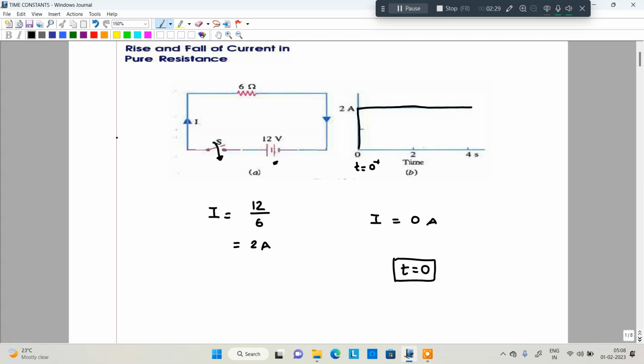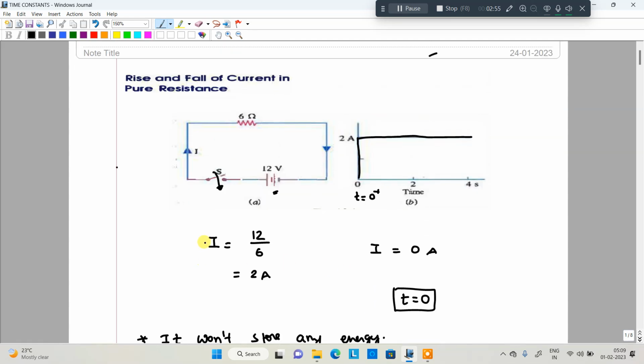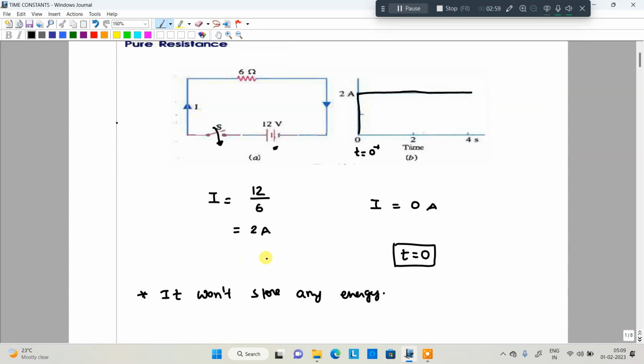That's why at the instant we switch on the power supply, it allows the current instantly. Whenever you switch off the power supply, the current disappears, because it can't store any energy. That is the reason why the rise and fall of currents in a resistance is instant.